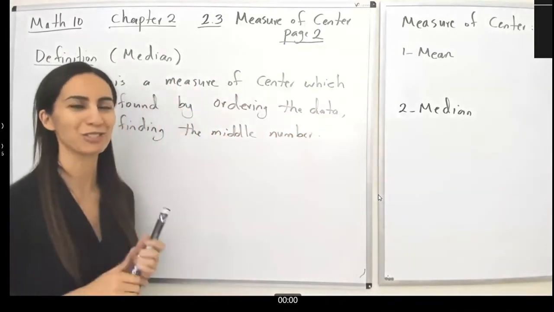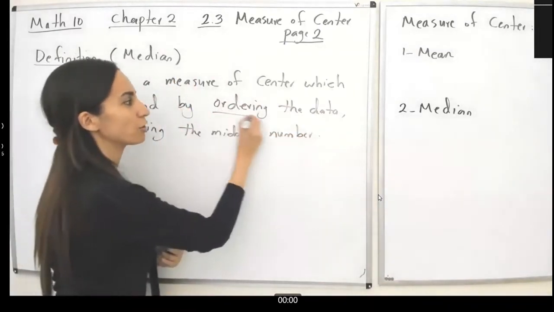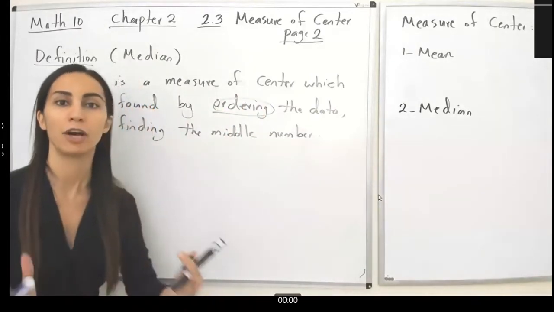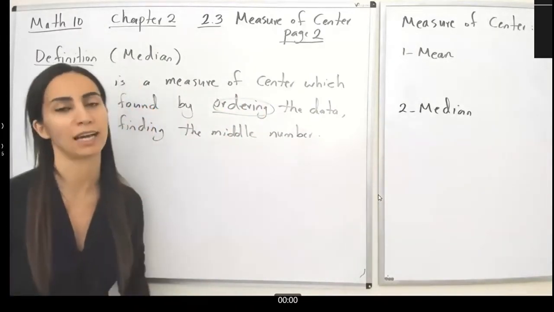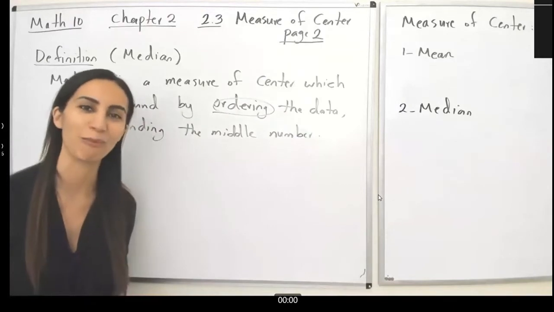So don't forget to write the data in order first. Otherwise, the number that you get as the median is going to be wrong.